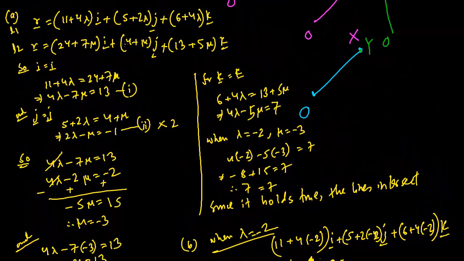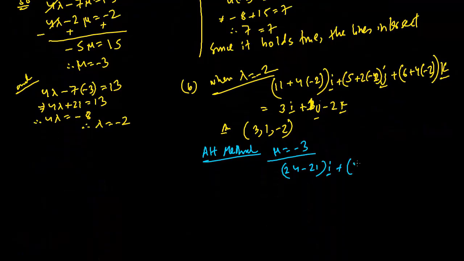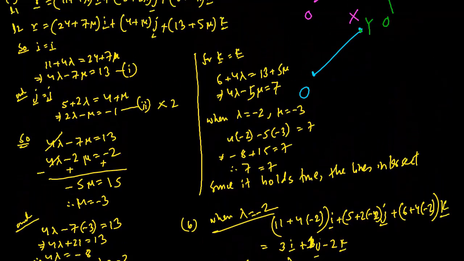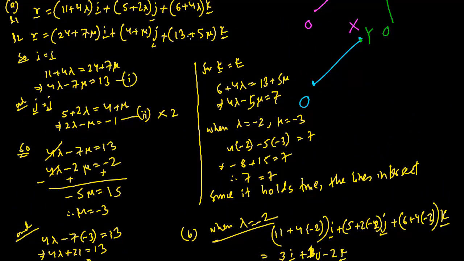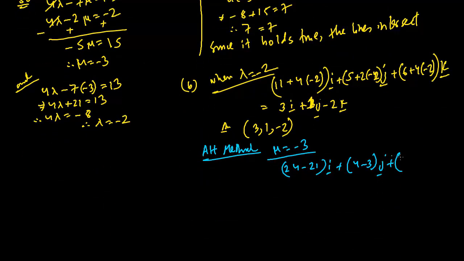Then we have 4 minus mu is 3. 4 minus 3j. Then we have 13. 5 into minus 3 is 15. 13 minus 15k.